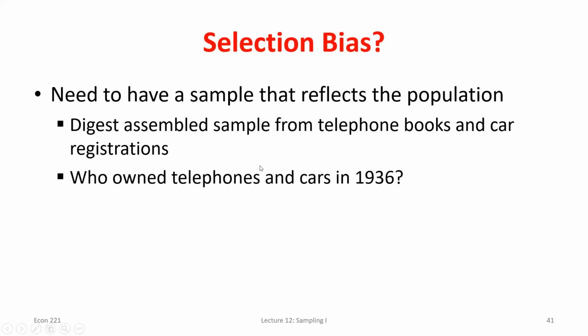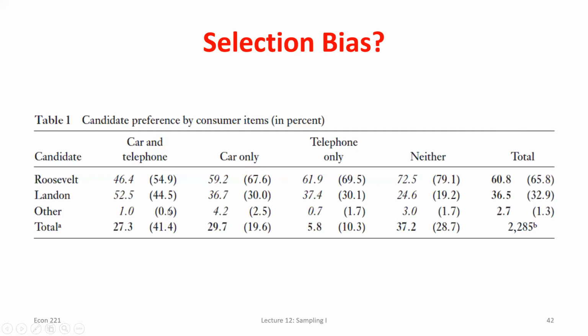There was a paper that went back out and tried to survey people from this time frame and ask them who they actually voted for, as opposed to just what their response was. What they found was that for people who own cars and telephones, Landon would have won about 53% of their vote. So the prediction of 57 wasn't too far off.